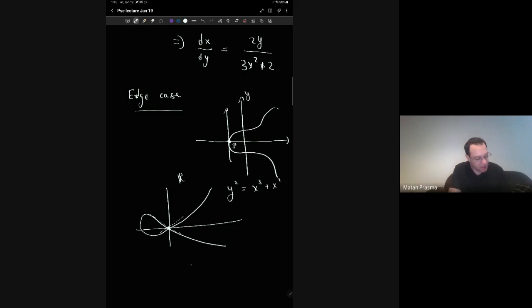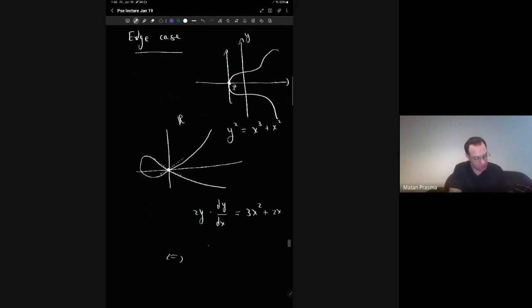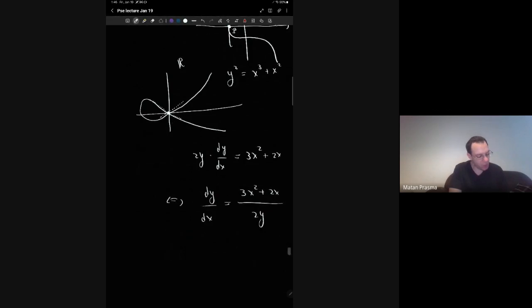And indeed, if I do implicit derivation, I get 2y times dy to dx equals 3x squared plus 2x, and that is dy to dx is 3x squared plus 2x divided by 2y. And when I try to substitute 0, 0, I get something that is undefined.